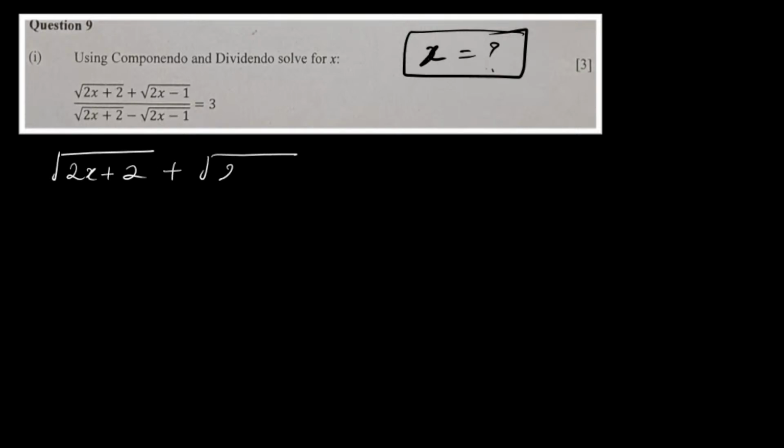We have to find the value of x, and it's clearly mentioned to use the property componendo and dividendo. So we have to use the property. I'll just write here: 2x plus 2 plus root 2x minus 1 by root 2x plus 2.